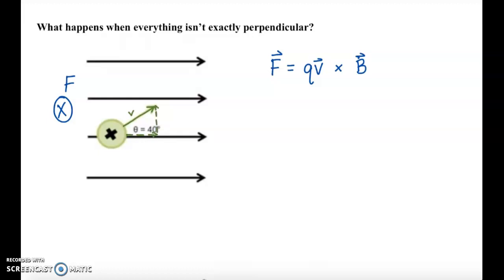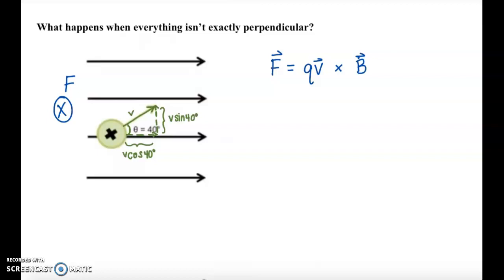This might feel familiar from forces. And I know this angle theta is 40 degrees. So if I wanted to find this side right here, that would be V cosine 40 degrees. If I wanted to find this side over here, I would need V sine 40 degrees.